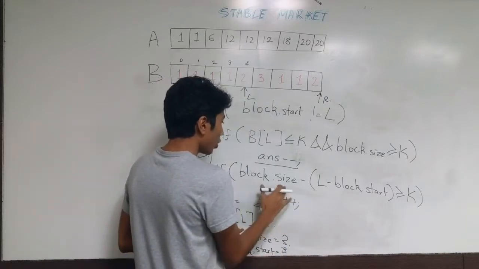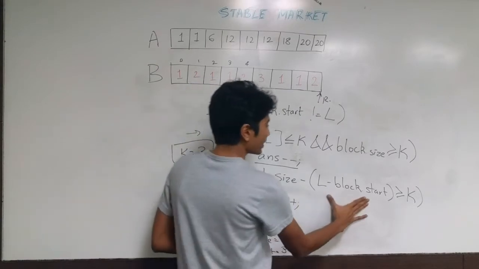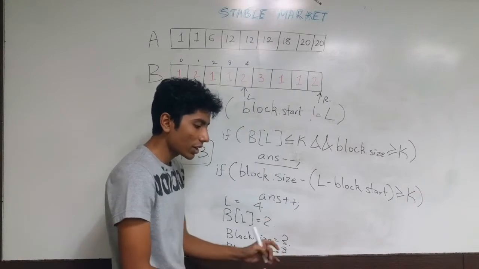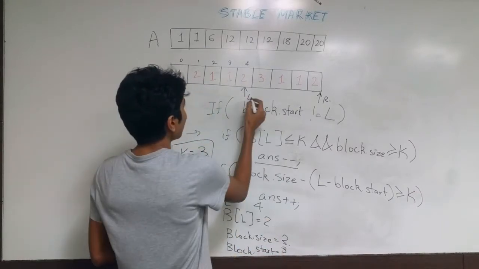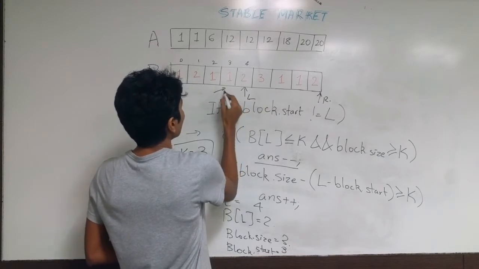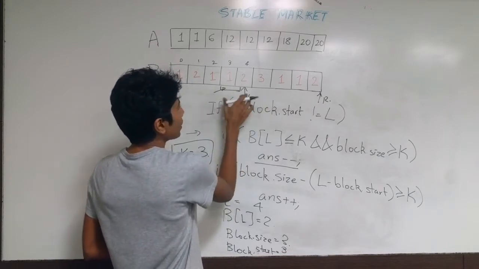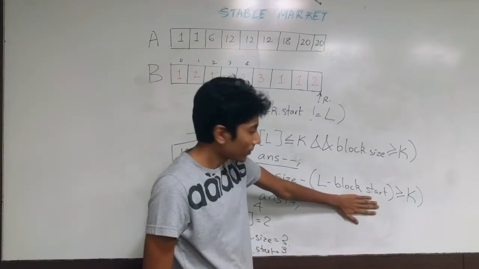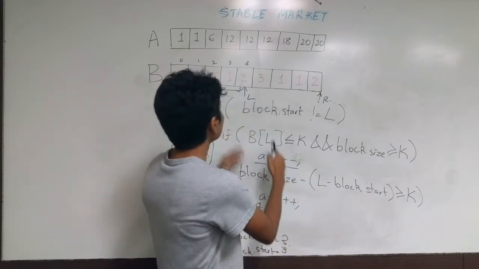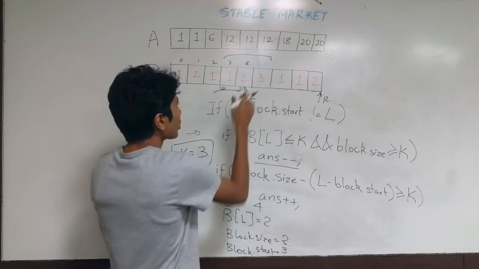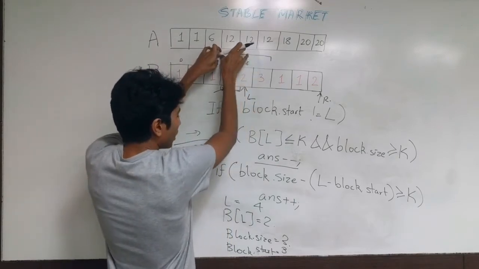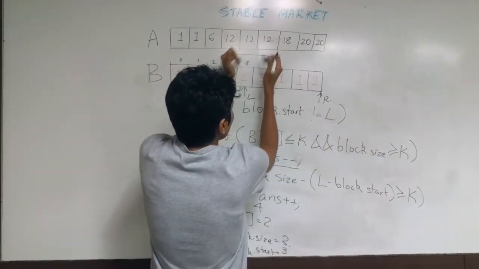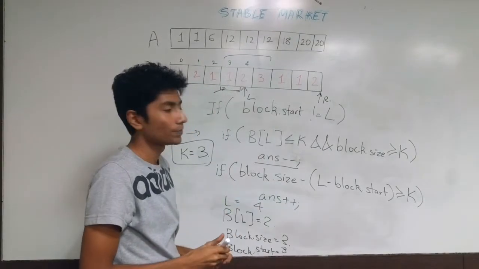Now comes the block size minus, what is this? Left index minus the block start. This gives you the number of elements which are being skipped in this block. Left index is over here, block start is over here. One element has been skipped in the leftmost block that we have right now. So the number of elements that you have skipped, when subtracted from the size of the block, which is 3 here, total size of the block minus the number of elements you have skipped, if that is greater than or equal to K, then we should increment the answer.